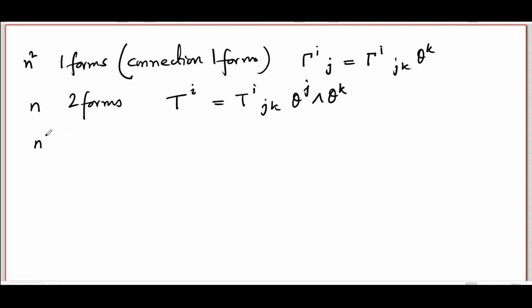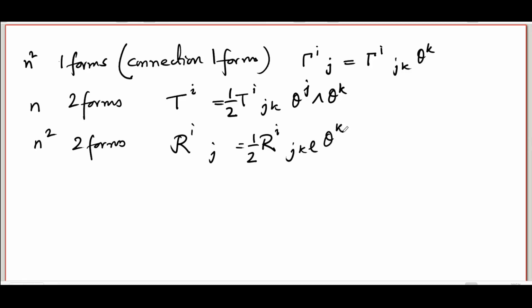And then you have n squared 2-forms describing the curvature, curly R^i_j, which are, okay, there's a half here and a half here as well. This half is simply to make life simpler later. (1/2) R^i_jkl theta^k wedge theta^l.